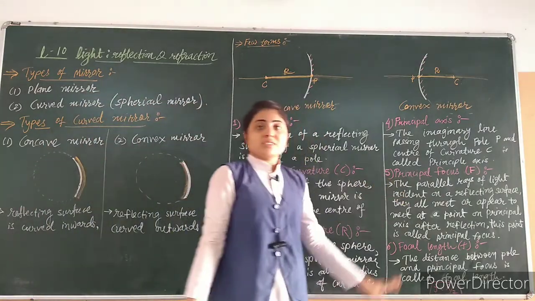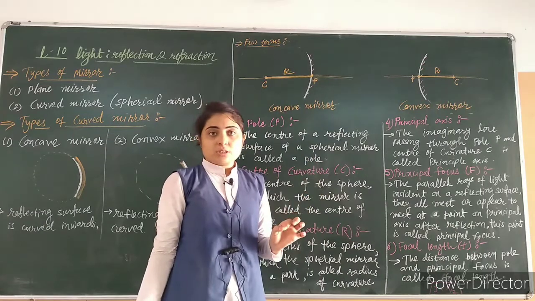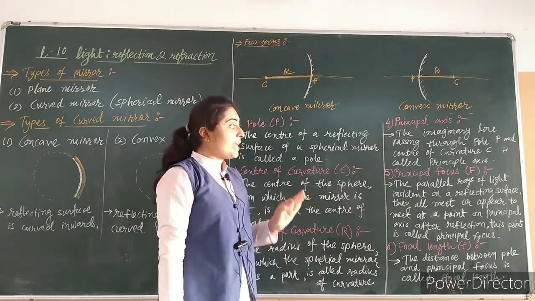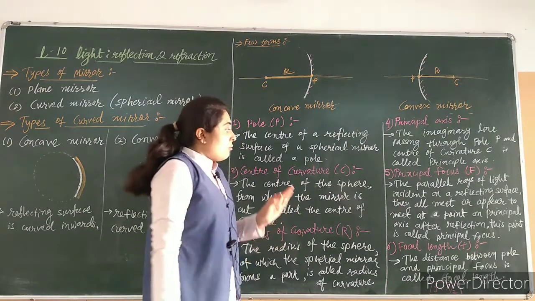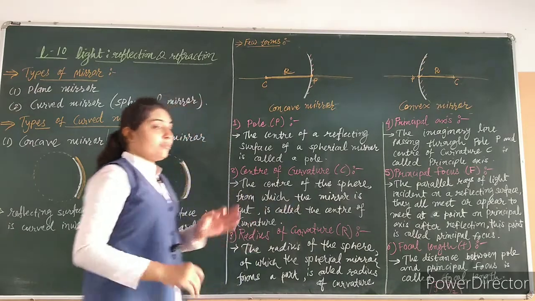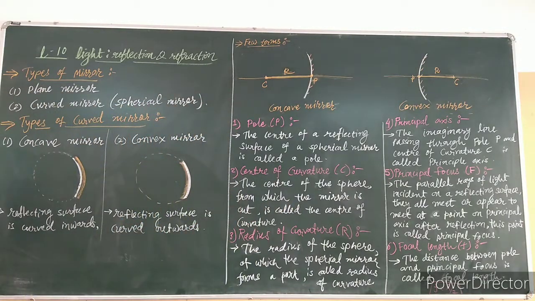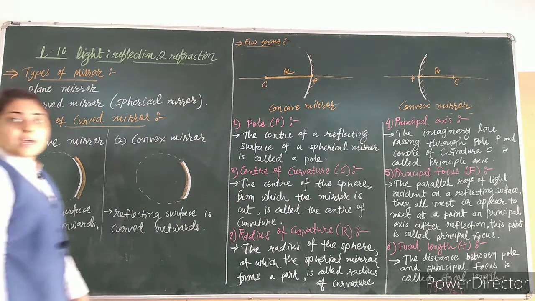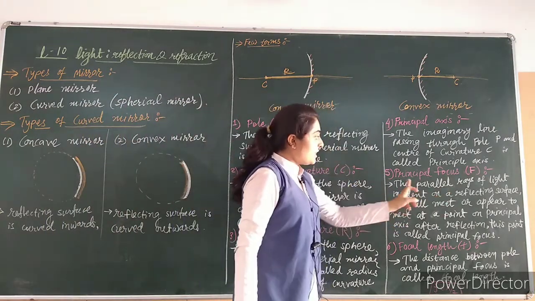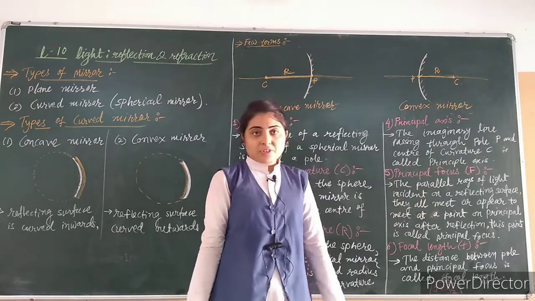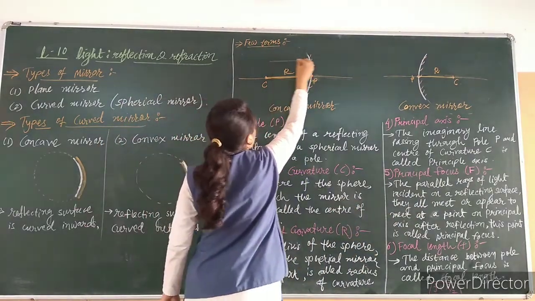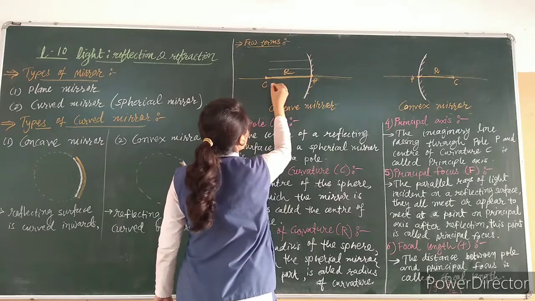Next, principal focus. This term is very important, principal focus, which is denoted by capital F. What is that? Parallel rays of light. So for that we are taking parallel rays of light incident on a reflecting surface. Let us take some of the rays.